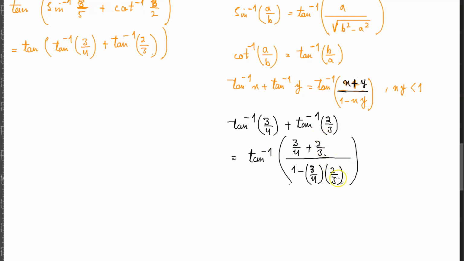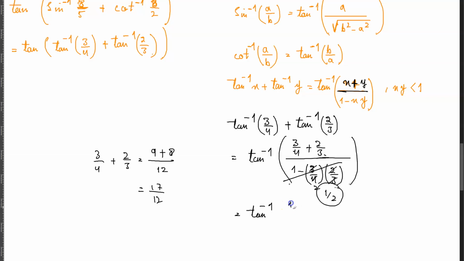Now to calculate this, 1 minus 1/2, the whole thing becomes 1/2, and over here 3/4 plus 2/3 is equal to 12 in the denominator, 3 times 3 is 9 plus 4 times 2 is 8, 17 twelfths. So the numerator becomes 17 twelfths. So that is the same thing as the tan inverse of 17 twelfths over 1/2.